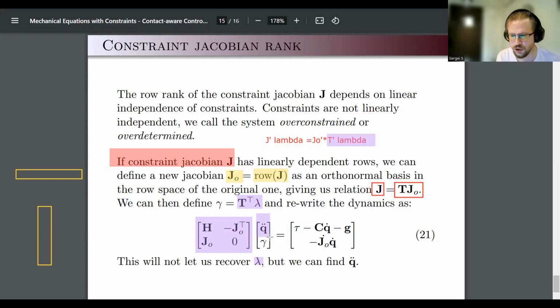If the system is over-constrained, we can get rid of the constraints by finding what we call an equivalent representation with fewer constraints, and then we can solve it forward. So this is one of the ways to deal with this type of problem.